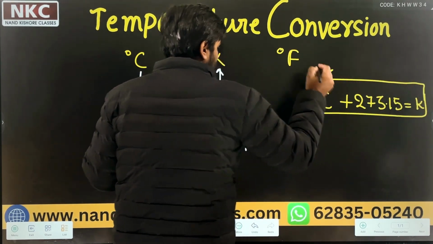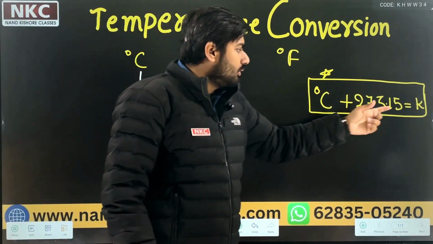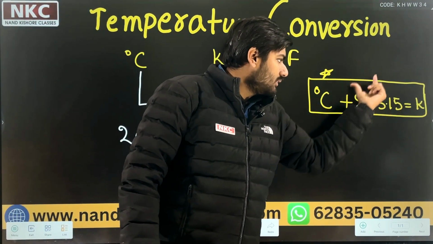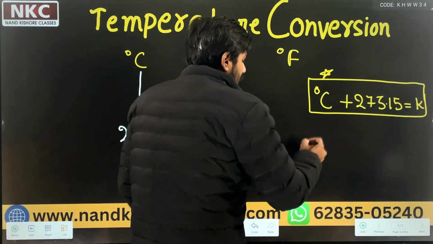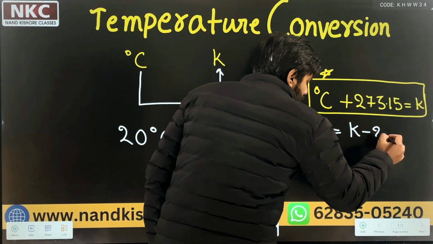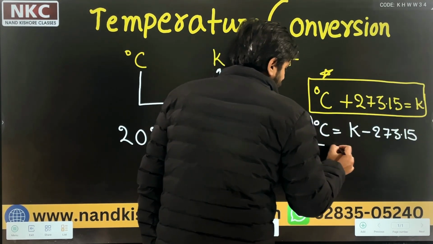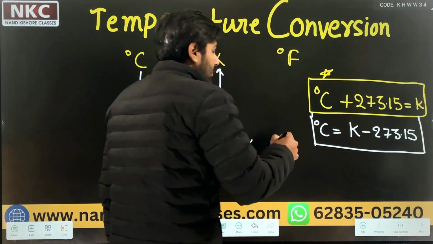This is the main formula for calculating this. Also, if you want to calculate degree Celsius, then just subtract: degree Celsius equals Kelvin minus 273.15. For calculating degree Celsius from Kelvin, you can use this formula.